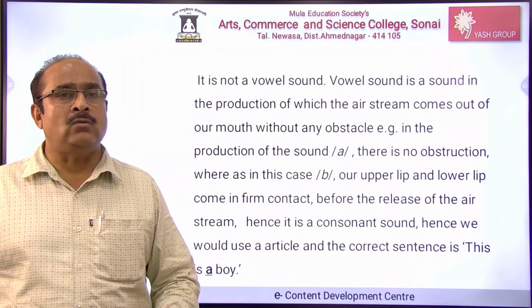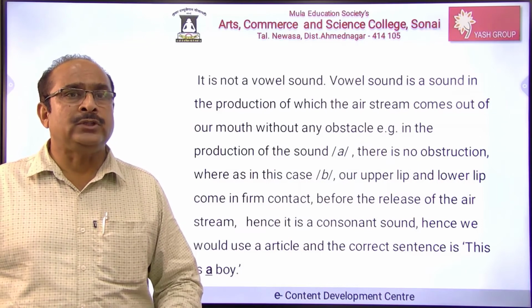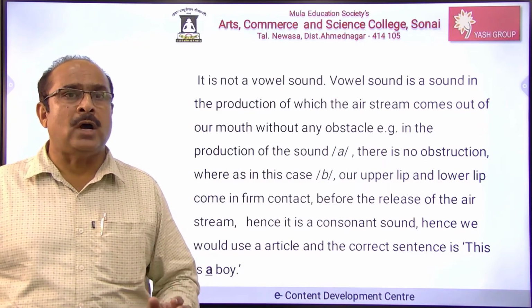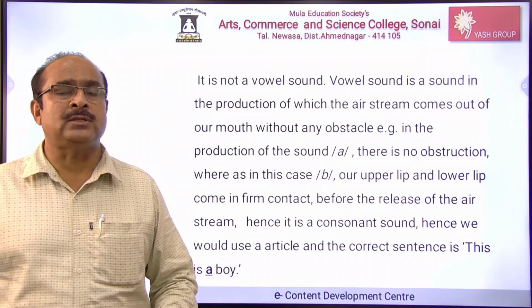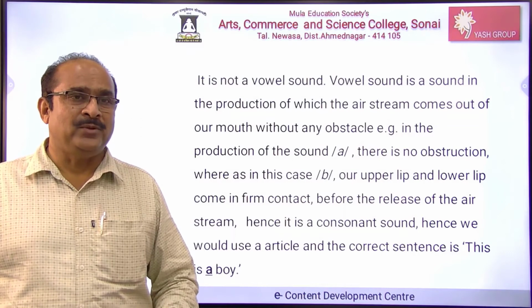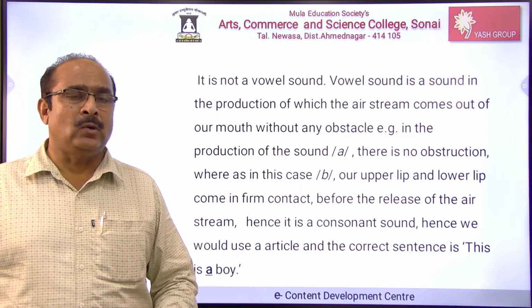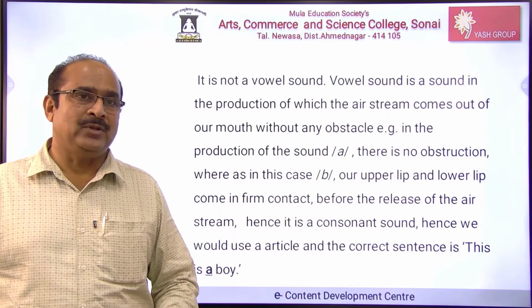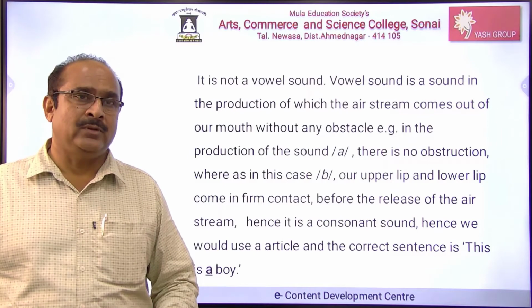A vowel sound is a sound in the production of which the air stream, which is put into motion by our lungs, comes out through our mouth without any obstacle. For example, in the production of the sound a, there is no obstruction. Upper lip and upper teeth remain apart from your lower lip and lower teeth. So there is no obstruction, so a is a vowel sound.